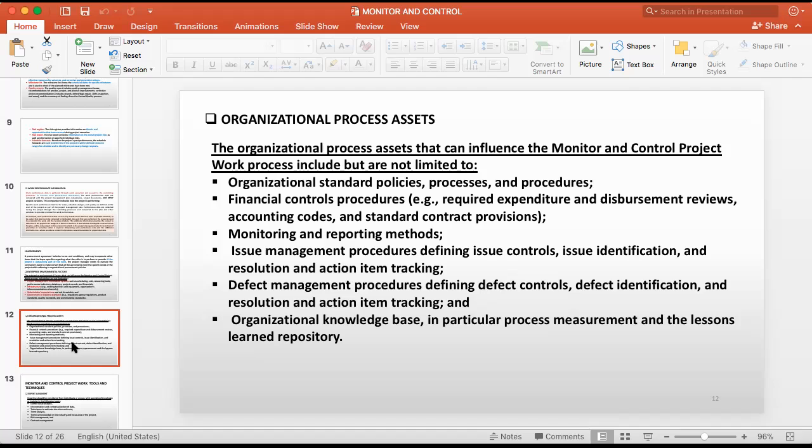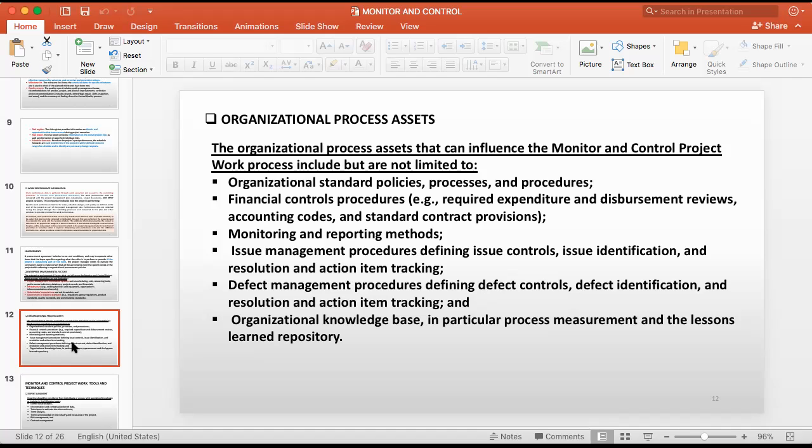So those are the reporting manner, issue, and the issue management procedures, defining issue control, issue identification. There will be a way, procedures, laid down for that company: how to analyze issues, how to collect the issues, who is to collect the issues, at what stage you are going to collect the issues. So what are the procedures to analyze all these things?